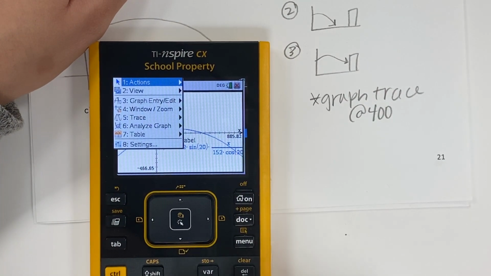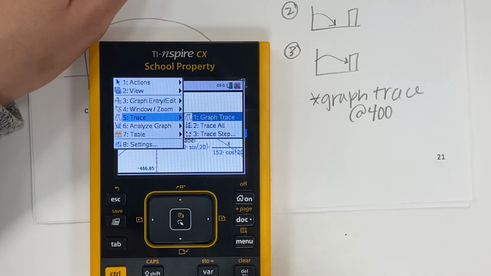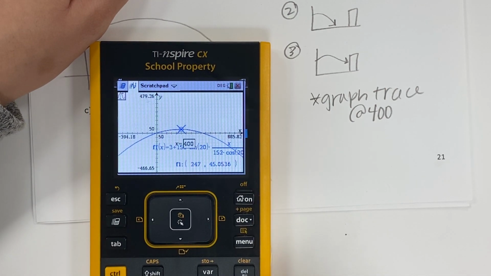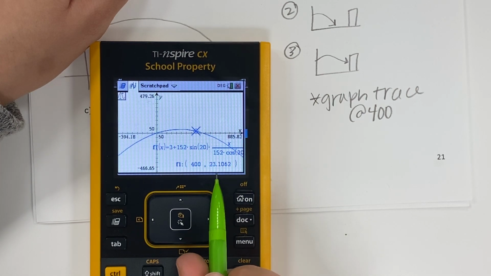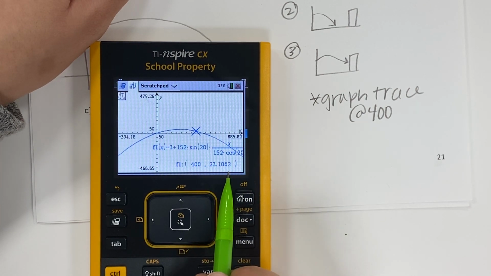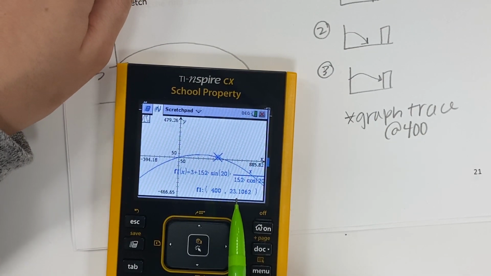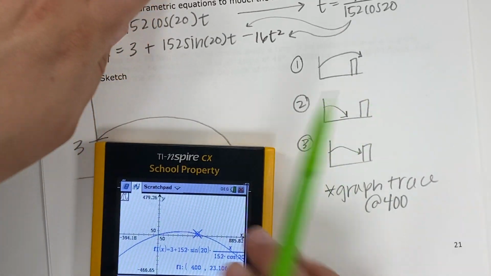So menu, trace, graph trace, type in 400. And so at 400, the ball is this high off the ground. Well, how tall is the fence? It's only 20 feet. So this means the ball is over the fence.